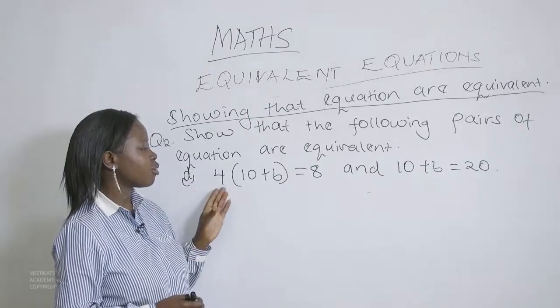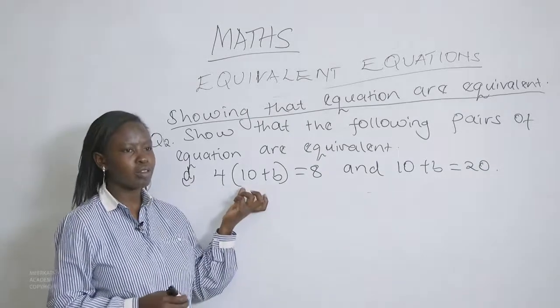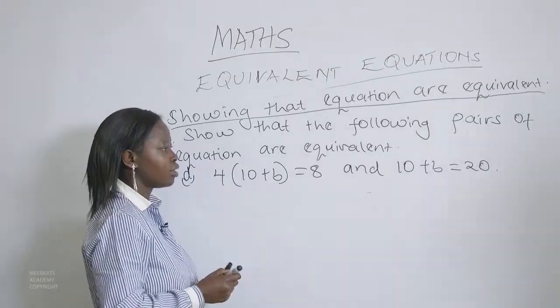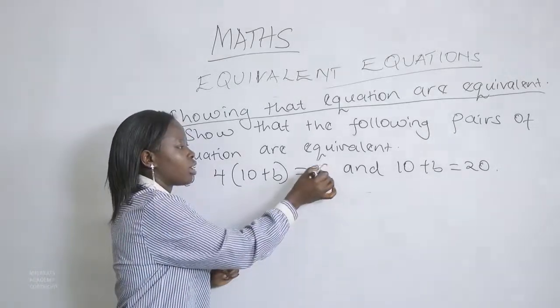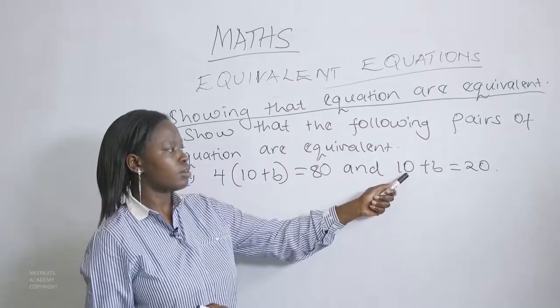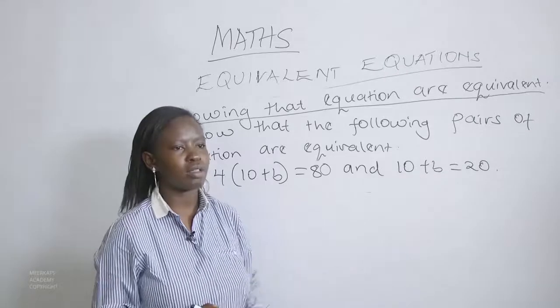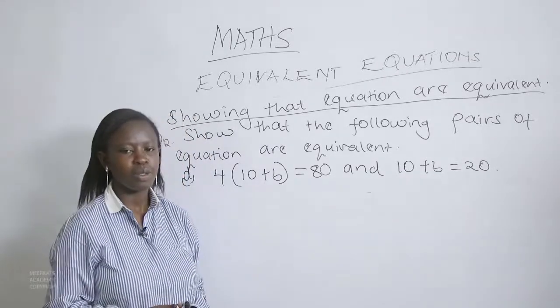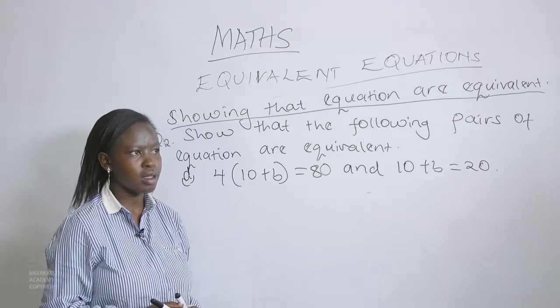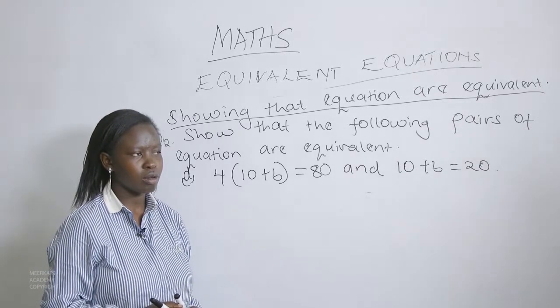So we have 4 into 10 plus b is equal to 80, not 8, so we are having 80, and 10 plus b is equal to 20. We need to find out if the two equations are equivalent or not.